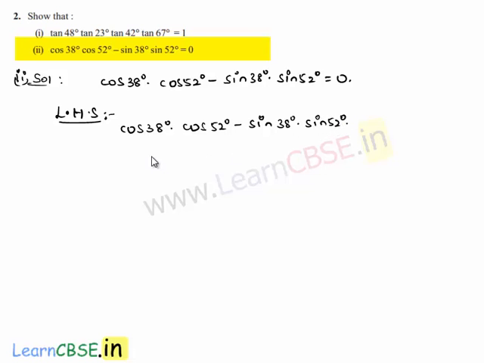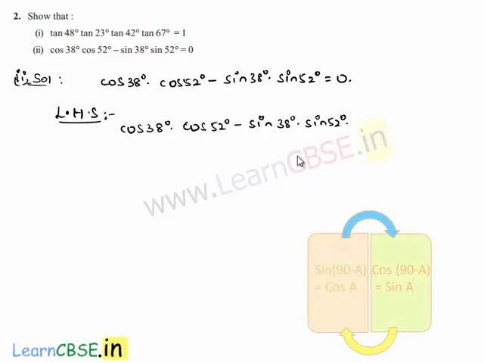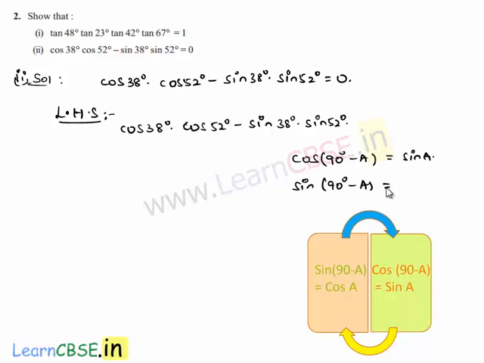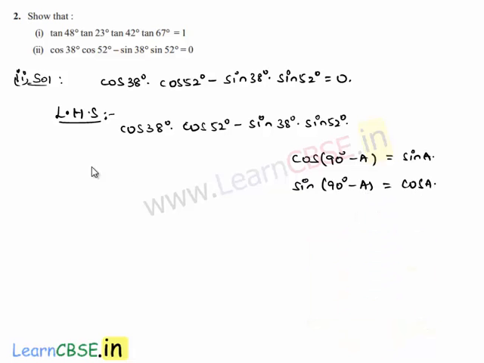Now here if we observe, one term is in terms of cos and the other term is in terms of sine. So let us convert the whole expression in terms of sine, so that the expression is simplified. This can be done by using the following formulas, that cos of 90 minus A is equal to sin A, and sin of 90 minus A is equal to cos A. So now let us convert the given expression wholly in terms of sine.